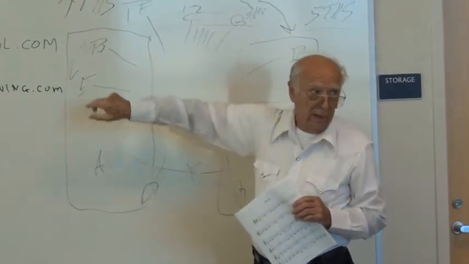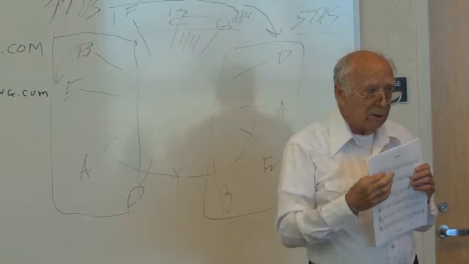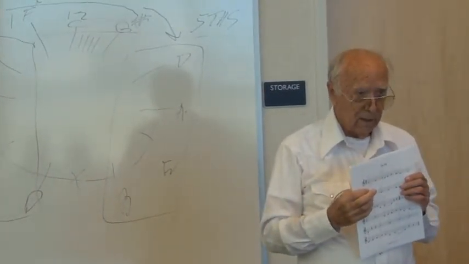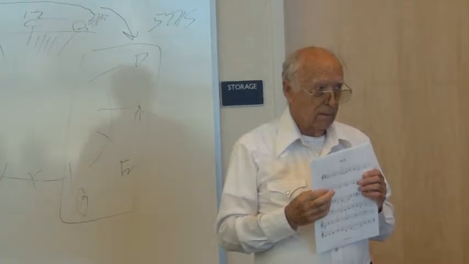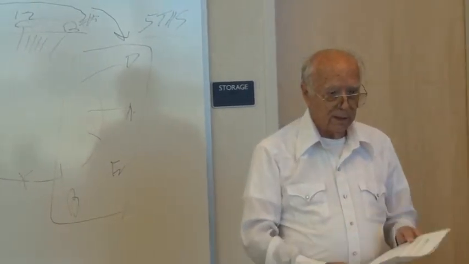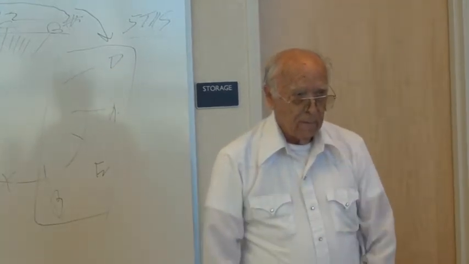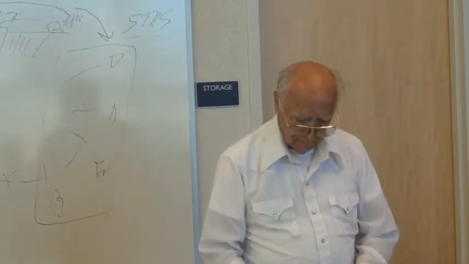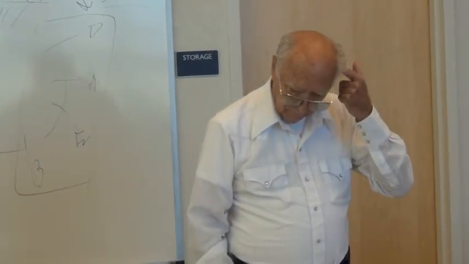E would be 3 flats. So if you saw sharps there, then you're no longer in the key of C. All we're going to work on in these 3 months is the key of C. Okay? More or less? Okay.